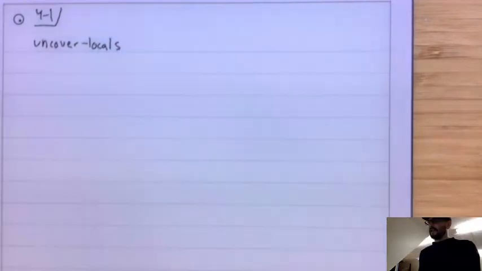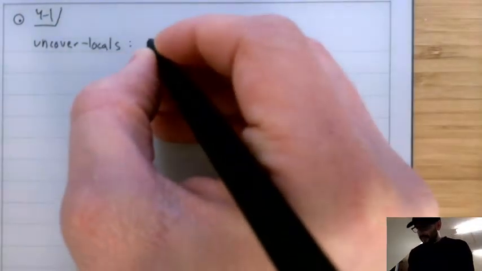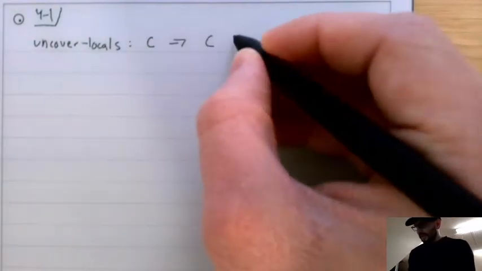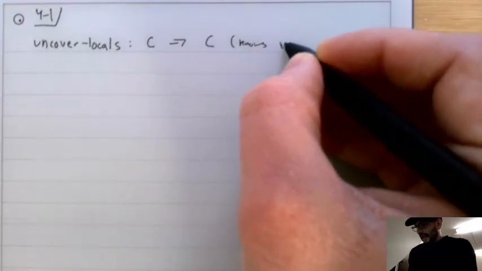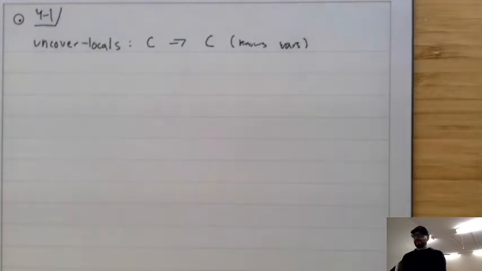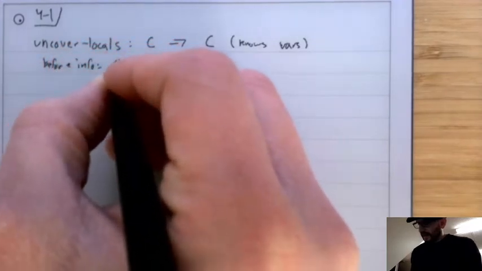And the job of uncover locals is basically to take a program in C and then turn it into a program in C that knows the variables. And this is the point where we will first use that info field. Before, the info field will just be empty.